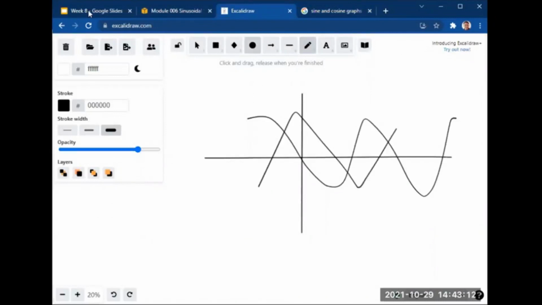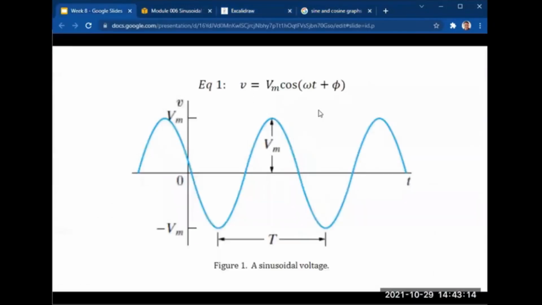Anyway, let's go back to our figure here. This is a cosine function. The discussion will be using the cosine function because, as stated, we cannot use sine and cosine at the same time, for a reason which will be explained later. These are the parts of our equation.